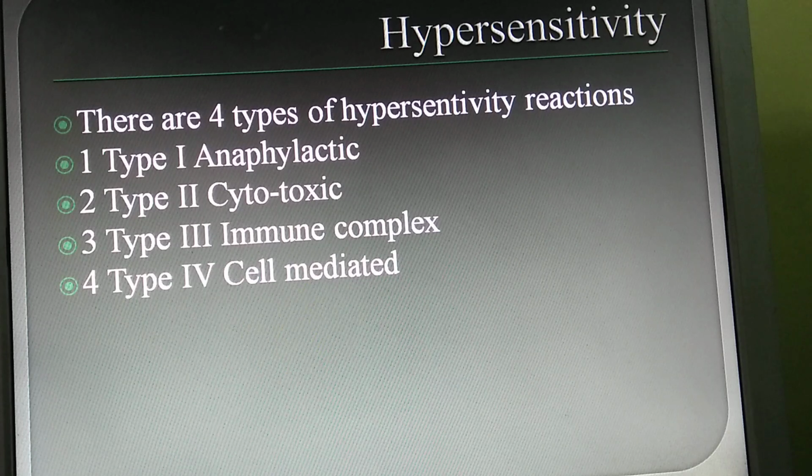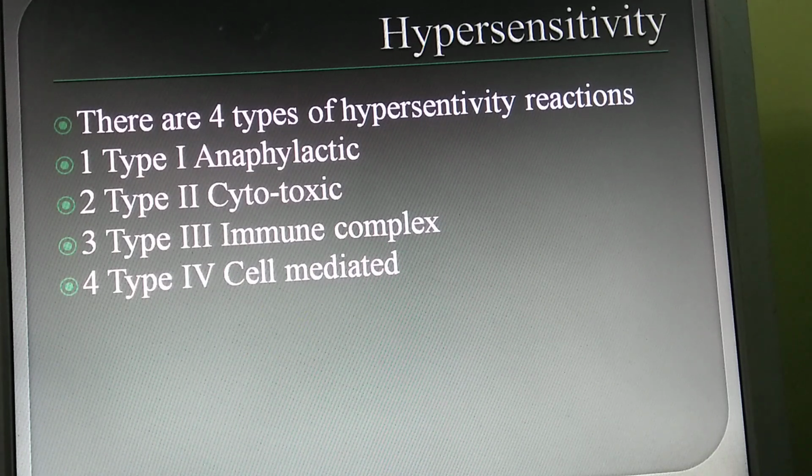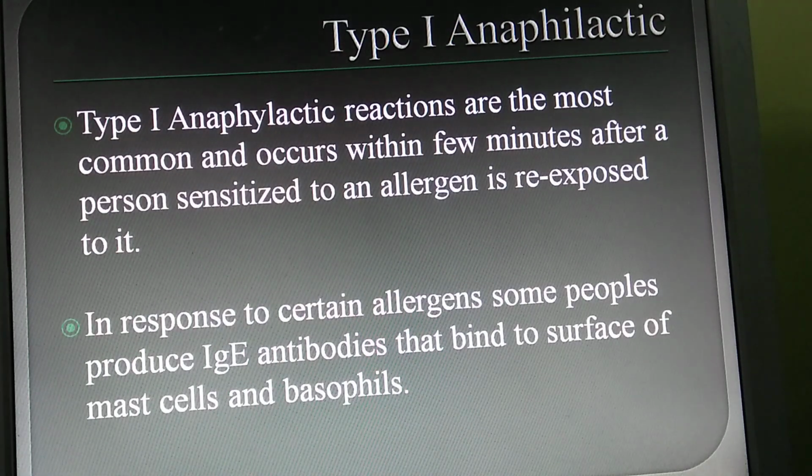Now there are four types of hypersensitivity reactions. Type 1 also known as anaphylactic, type 2 known as cytotoxic, type 3 known as immune complex, and type 4 known as cell mediated. Out of these four, the first three are antibody mediated immune responses and the fourth one is a cell mediated immune response.